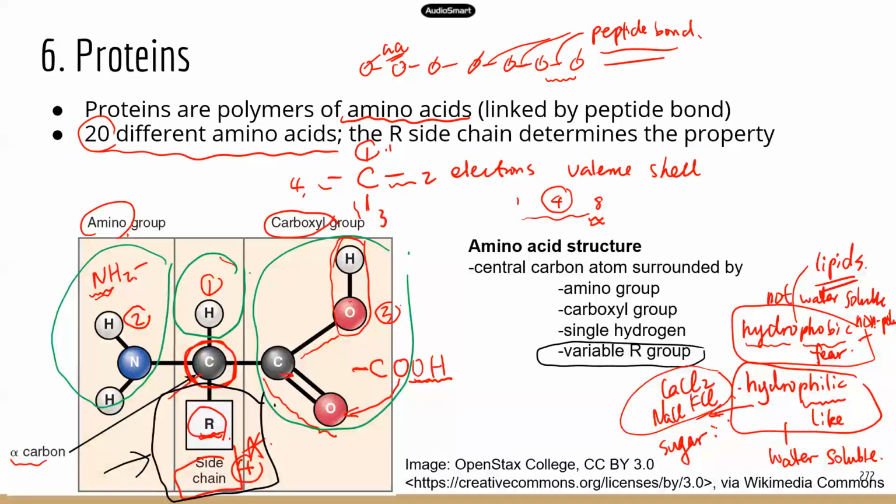Sugar, glucose or sucrose, the sugar that you usually have in your pantry, also dissolves in water very easily. So the salts, the sugars, most of the smaller carbohydrates, disaccharides, monosaccharides, those simple sugars are usually very hydrophilic.